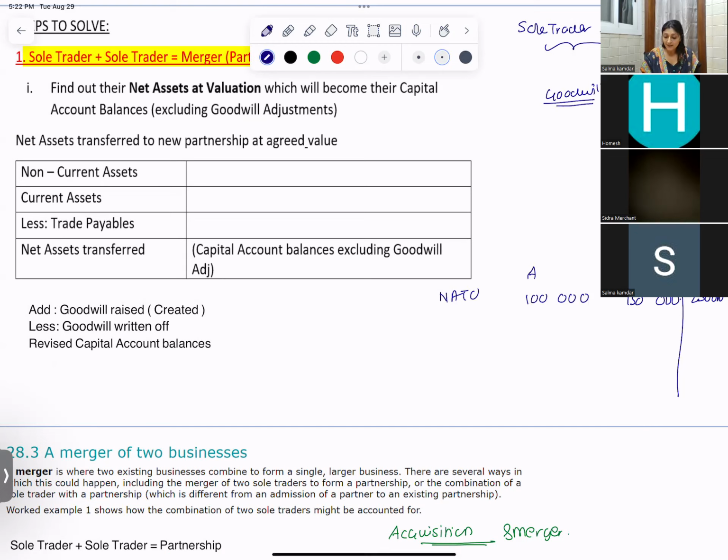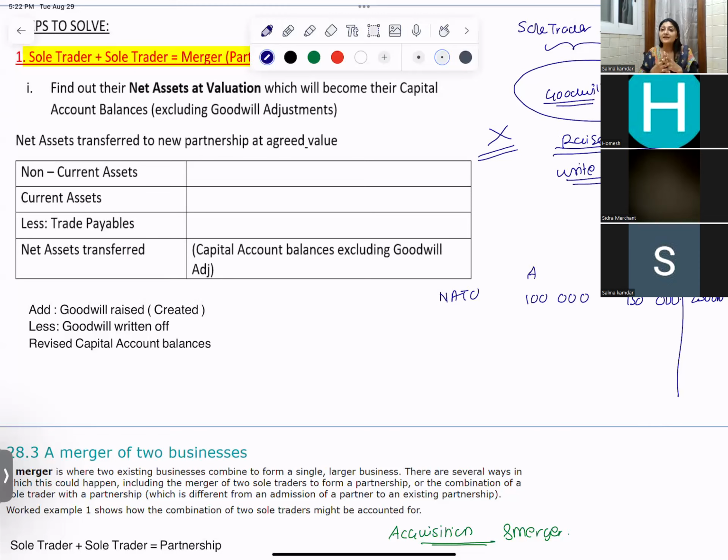But goodwill is never shown in the books. So we first raise the goodwill and then write off the goodwill. Whatever goodwill they are bringing in, we add it because they are increasing the value of the capital.